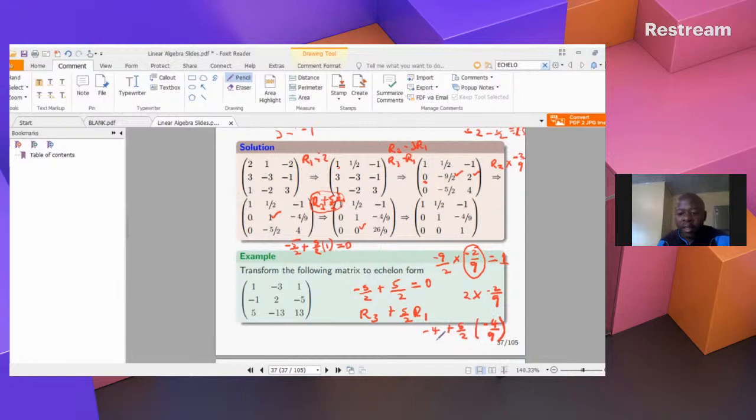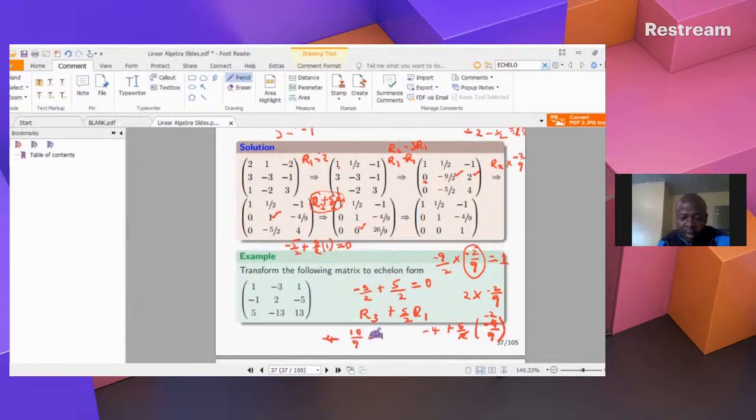So I add this, and you can use your calculator to do this. What I notice is that 2 would go here, negative 2 times. So what we now have is negative 4 minus 10 out of 9.